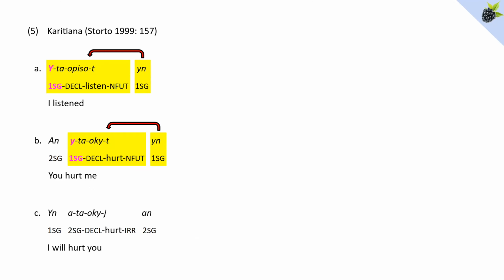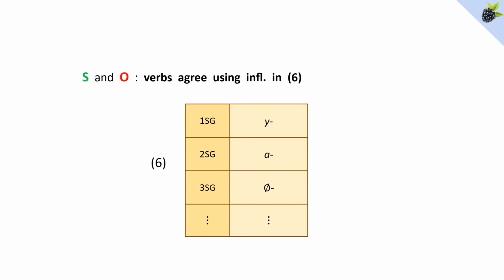At this point, we might hypothesize that in Karitiana, verbs use the same inflections to agree both with S arguments and with O arguments. And this hypothesis seems to be correct. The agreement inflections for both S and O come from the table in 6.